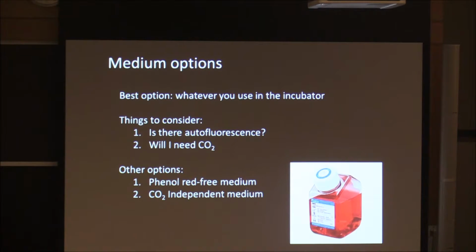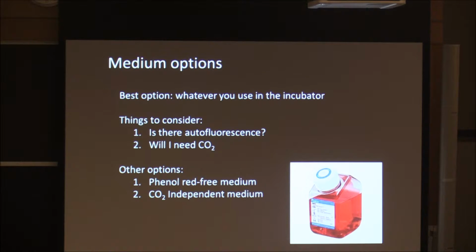Cool. So something else you have to think about is the actual culture medium that you have on your sample as well. And obviously the best option is to use whatever you're using in the incubator, but sometimes that's not possible. So a couple things that run into trouble, the biggest thing is autofluorescence. So this is just a standard bottle of DMEM. You see it has this red color from the phenol red that's in there.